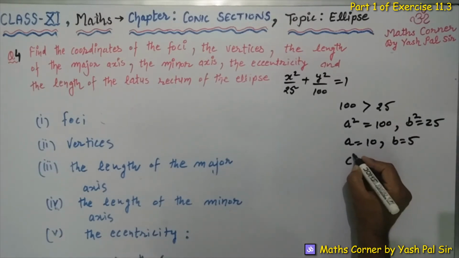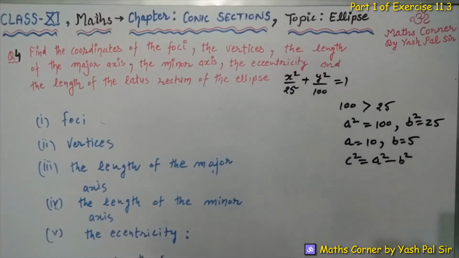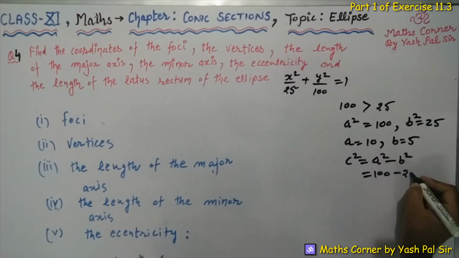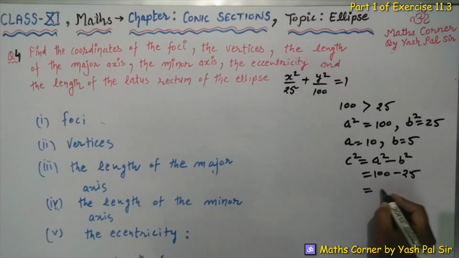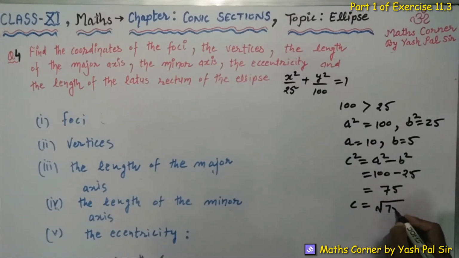From this we can find c square equal to a square minus b square, that is 100 minus 25, which is equal to 75. So the value of c is square root of 75, which is equal to 5 into square root of 3. Right?